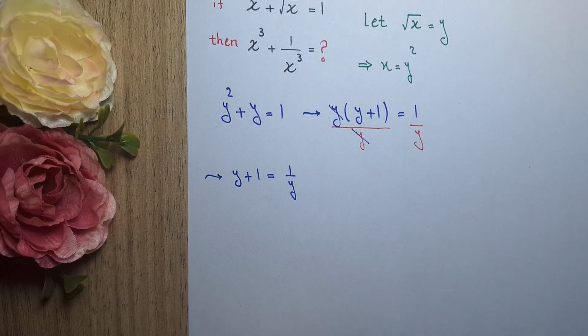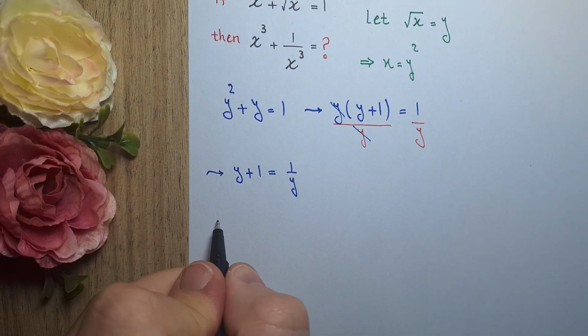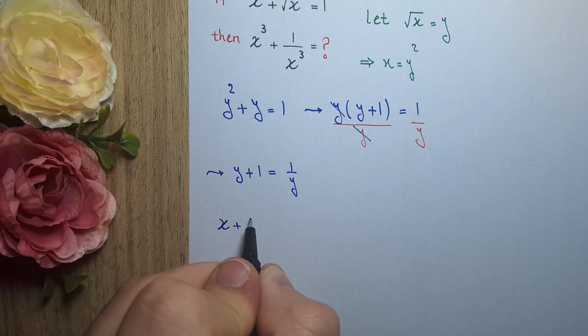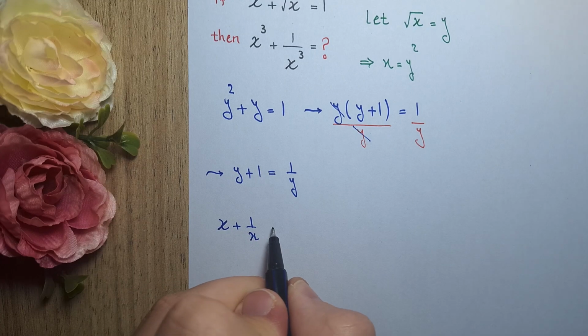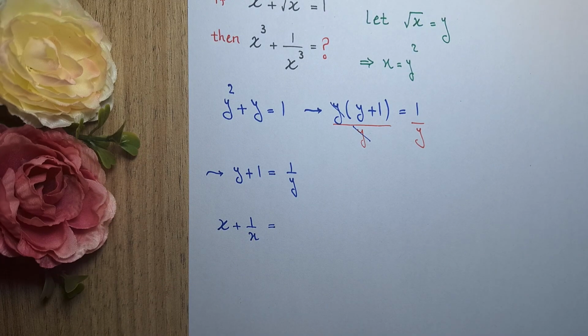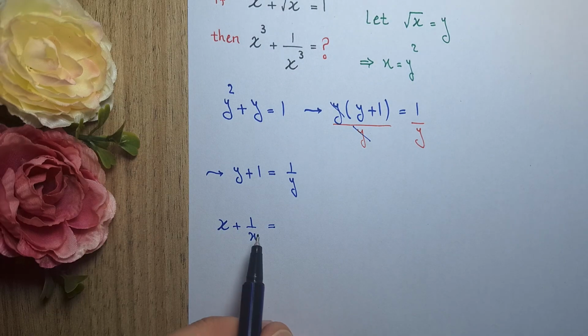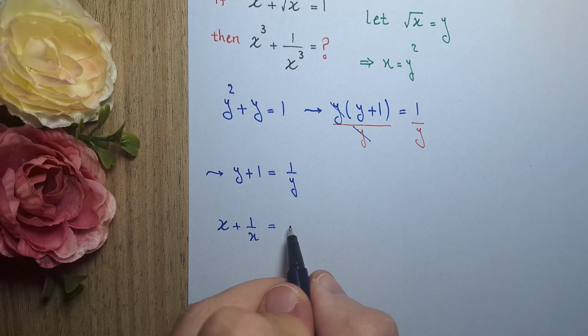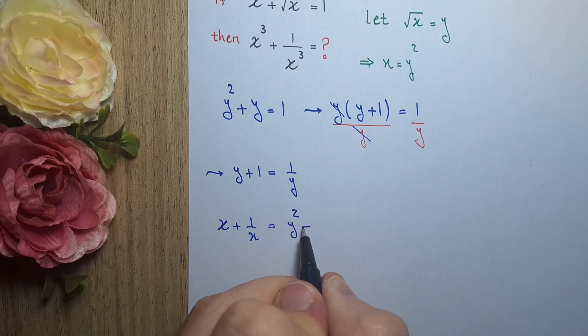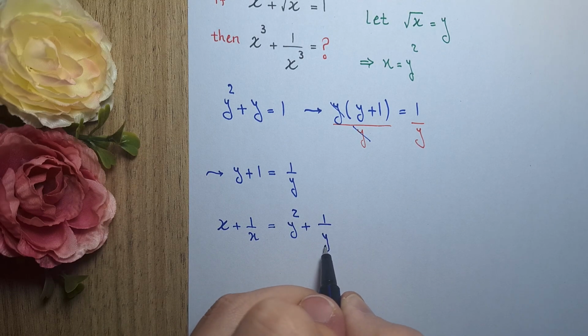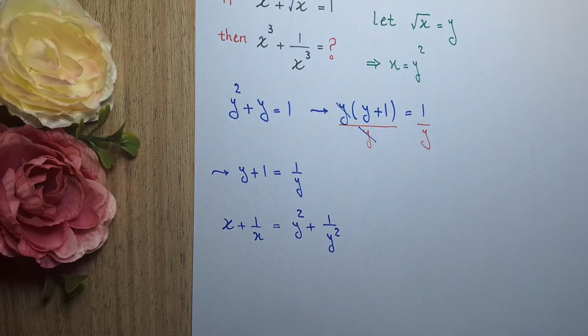Okay, let's talk about x. We can write x plus 1 over x is equal to, instead of x, we can write y squared, and instead of 1 over x, we can write 1 over y squared. So y squared plus 1 over y squared.